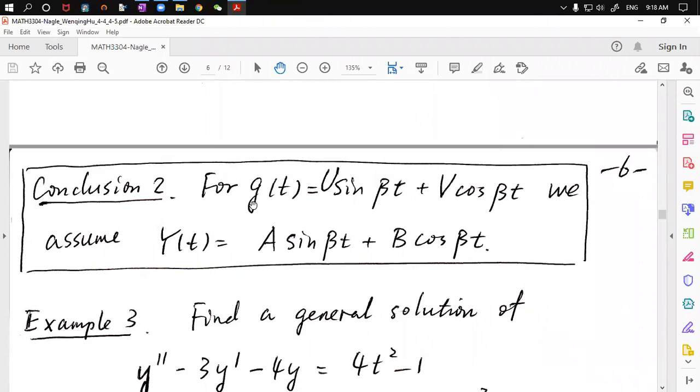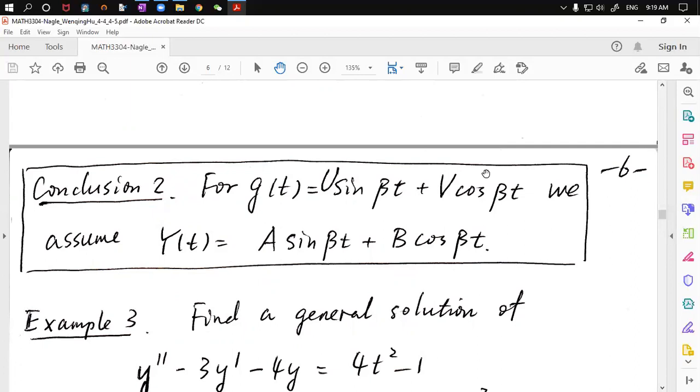If the right-hand side is a sine t and cosine t, no matter what it is, we can treat it in general as a linear combination of sine and cosine. Suppose your right-hand side is a linear combination of sine and cosine, then you should try a linear combination of sine and cosine. The point is that the factor beta within the sine and within the cosine in front of the t is going to be inherited, because you're not going to use another beta.